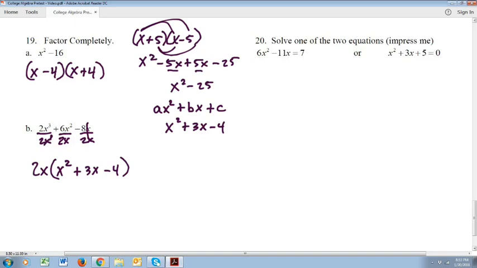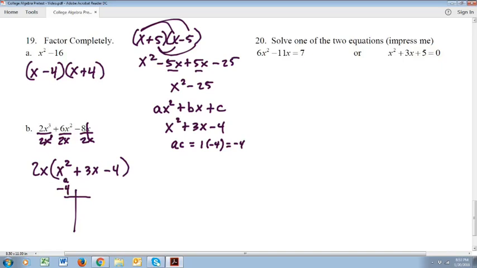So what we need to do is find two numbers that multiply to ac. Well, a is 1 and c is negative 4. So in this case, ac would be 1 times negative 4, which is negative 4. And so we need two numbers that multiply to negative 4.